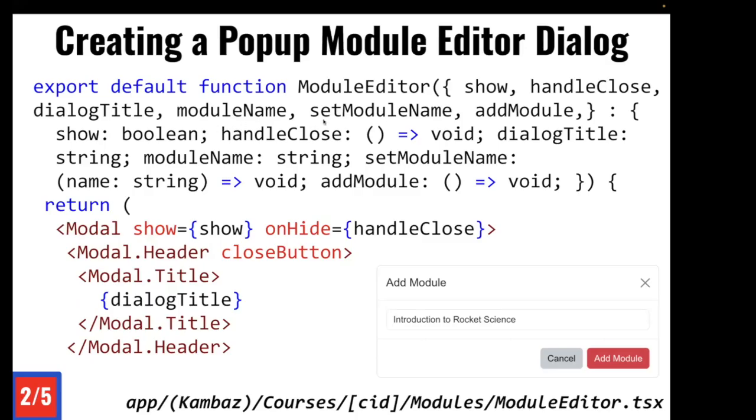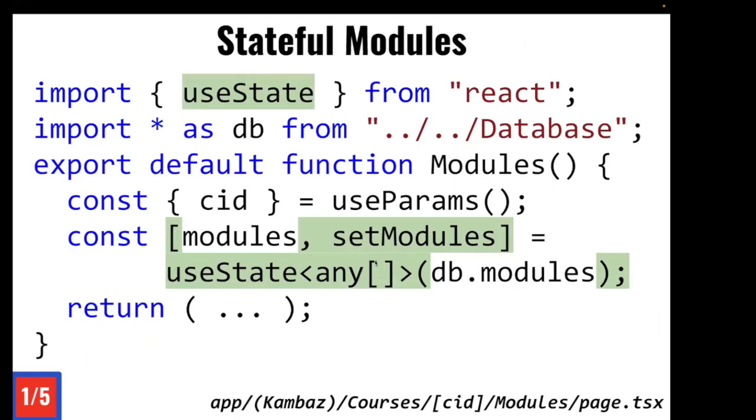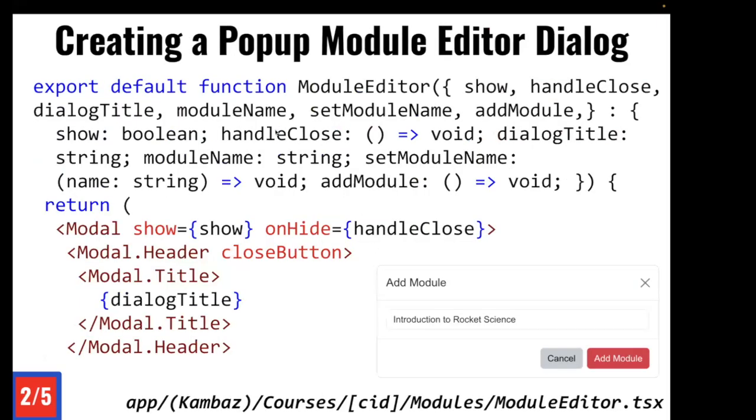Also, as you're editing the module, the state variable of the input field that you're editing here is going to live here in the modules, but I need to make it available here in this dialog. I need to pass it around. If it were just that, then maybe it's okay, but there are going to be several layers that we are passing this data around until it reaches this dialog, and that's what I'm trying to point out.